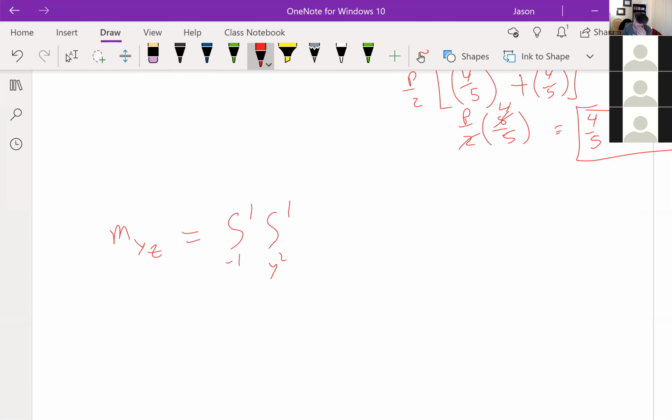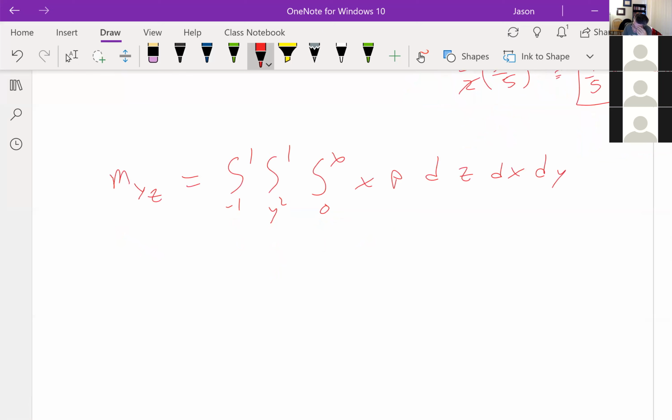Okay, and then 0 to x of x, right? Wouldn't this be x and extra x? X rho, which I'm going to use p, dz dx dy. Let's do this real quick. So this is going to be xzp from 0 to x.